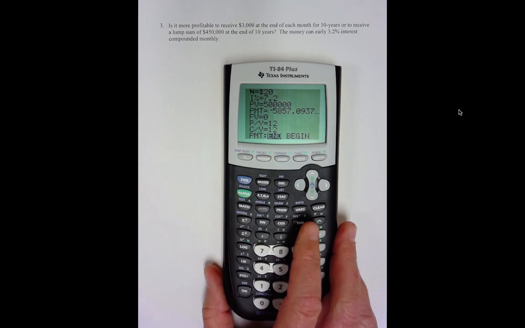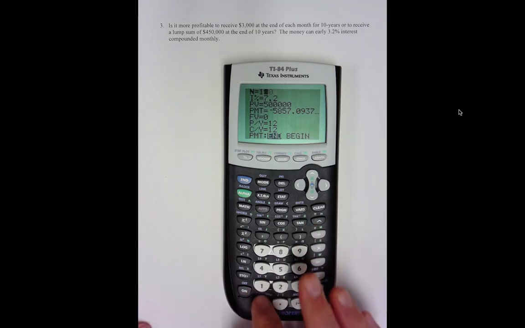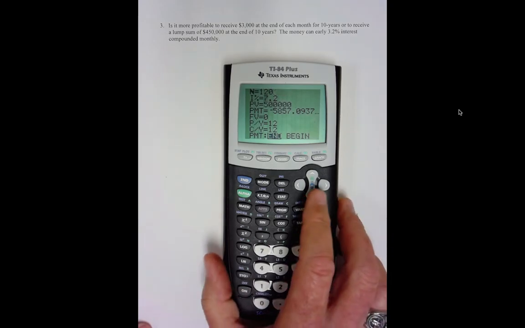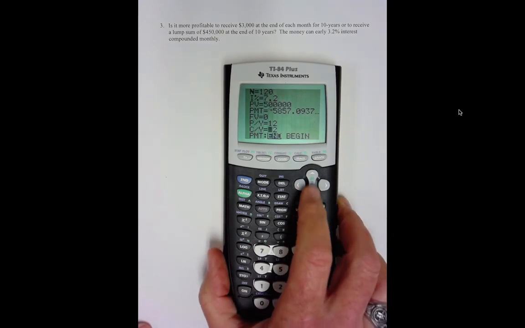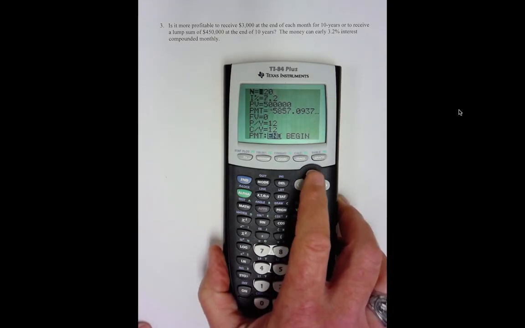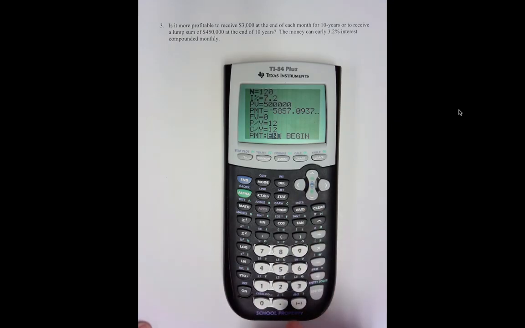So at the end of each month for 10 years, so 10 times 12. Go down, make sure we got 12 and 12. The interest rate is 3.2. Our beginning balance is 0. PV, that's actually present value or beginning balance. Payment is $3,000.